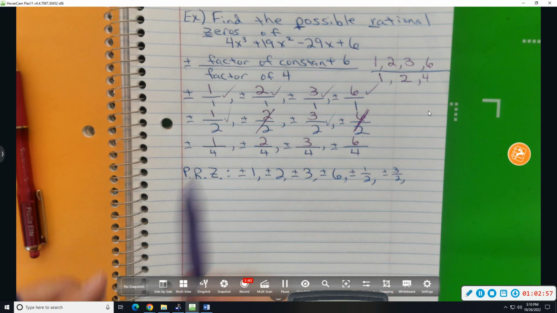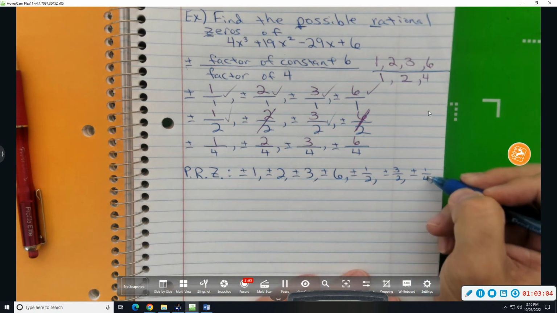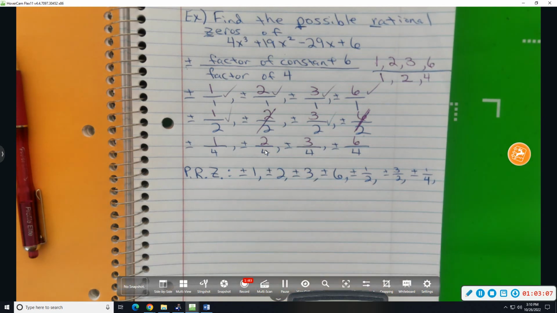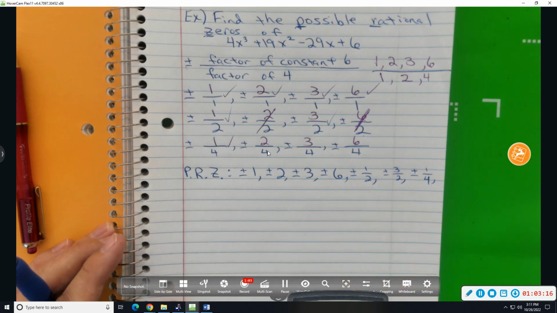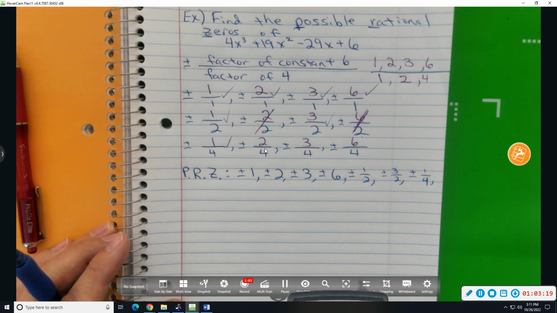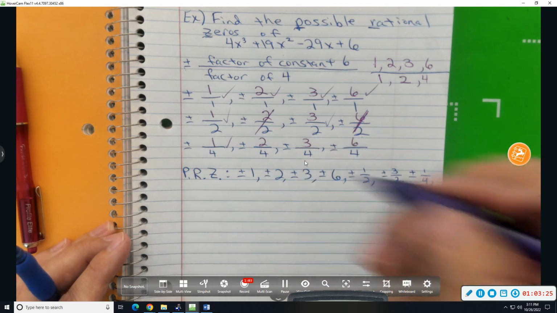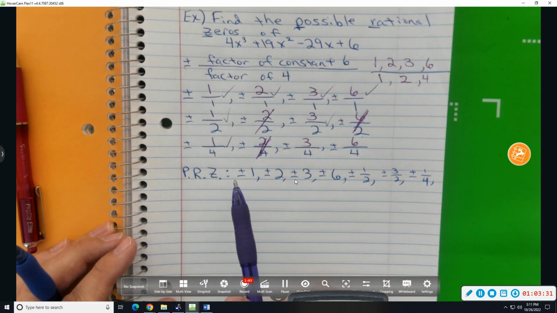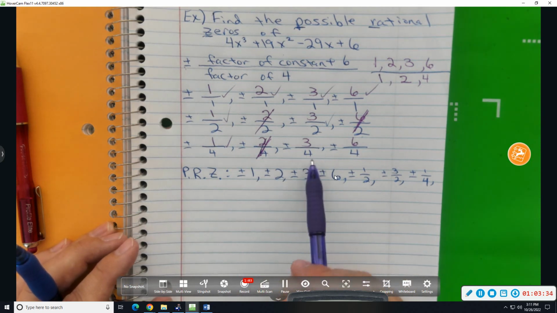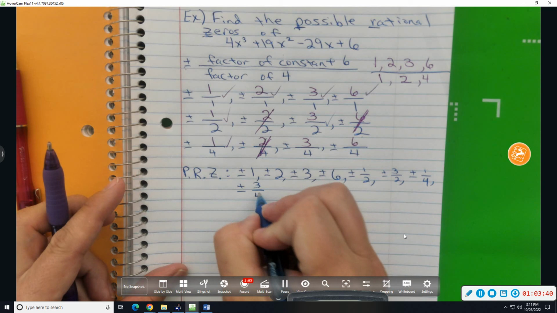1 divided by 4, that's 1/4. We don't have it listed already, so I'll write it down. 2 divided by 4 is 1/2, and it's listed. 3 over 4 can't be reduced and it's not already listed, so let's add it to our list.